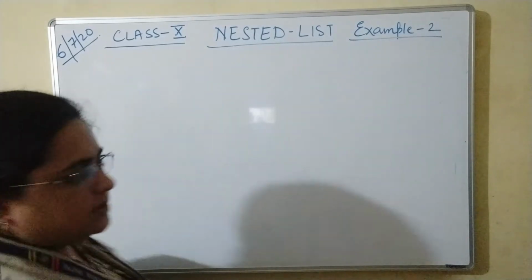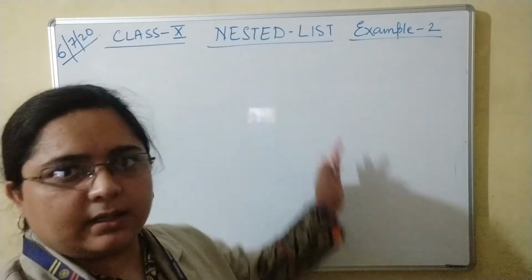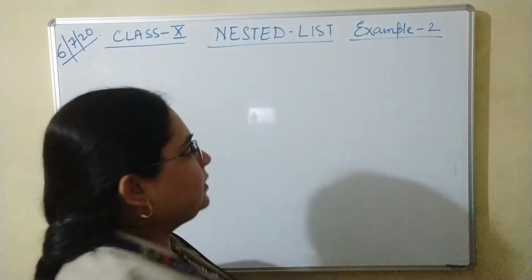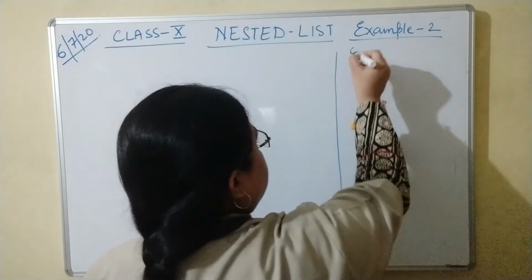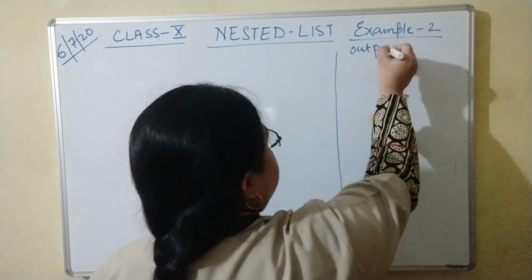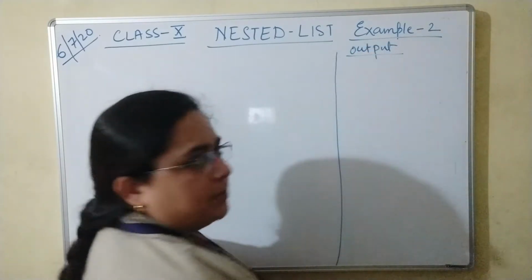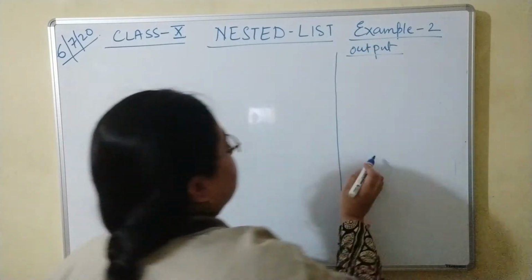The first thing I am going to do is write the output which I want. Here I am writing what I need as the output on my web page.